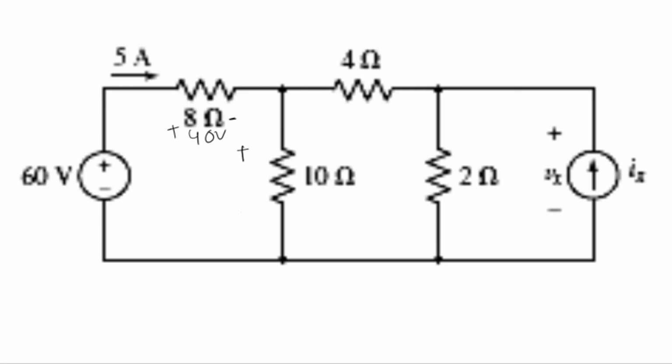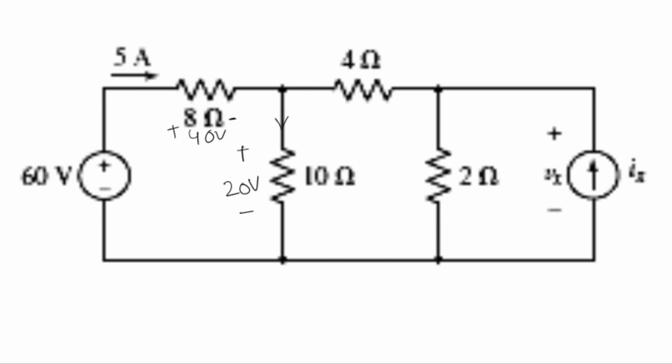From this we can find the current, which is 20 by 10, equal to 2 amperes.